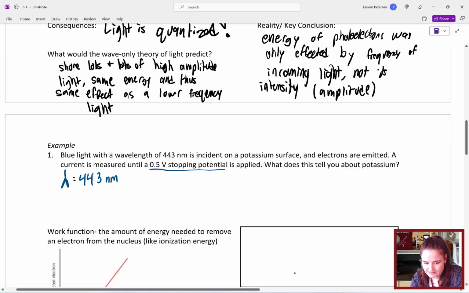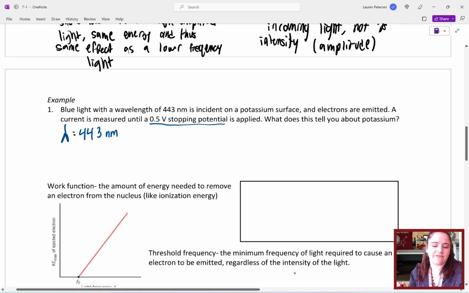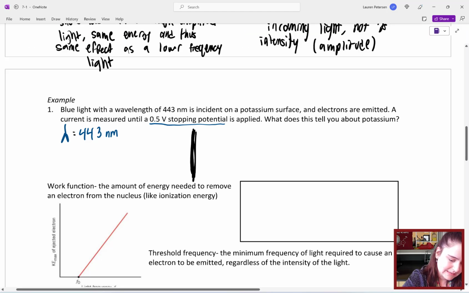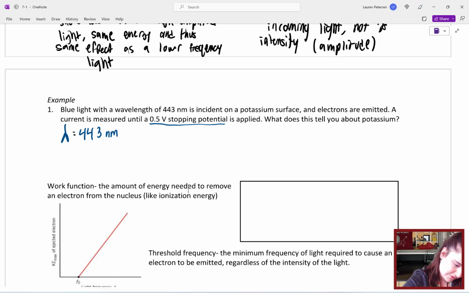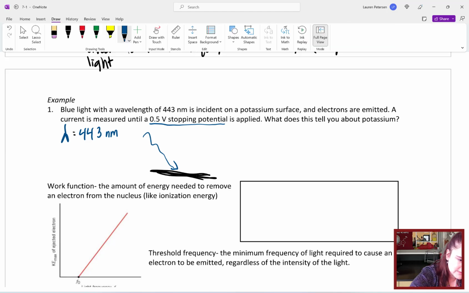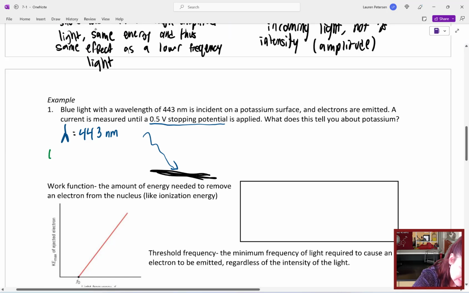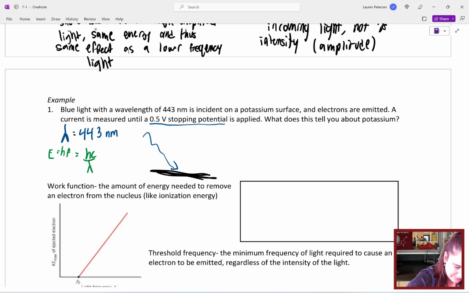So let's reason this out. We have blue light with a wavelength being emitted on a potassium surface. Actually, I'll do the surface down here. So we have that blue light coming in. Now, it has a wavelength of 443, so we can find its energy. We're going to use that equation. E equals hf, but we have the wavelength, so we'll do E equals hc over lambda.